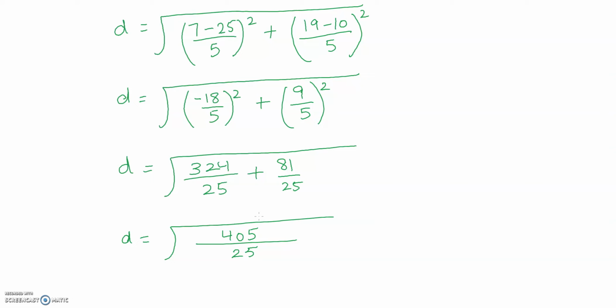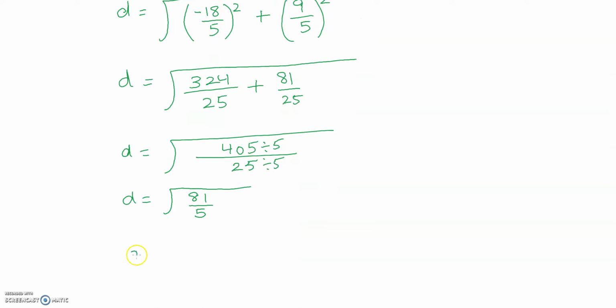So 405 divided by 5, and 25 divided by 5, it will be 81 over 5. And then I can write this as square root of 81 over square root of 5. Square root of 81 is 9, and square root of 5, we're just going to leave it like that.